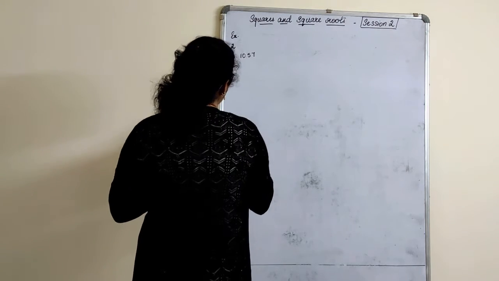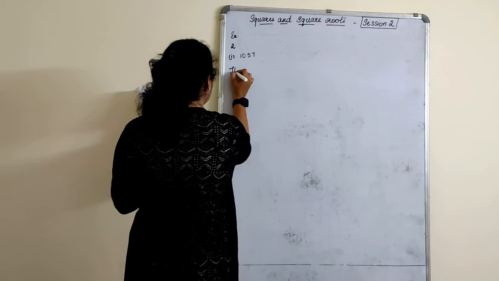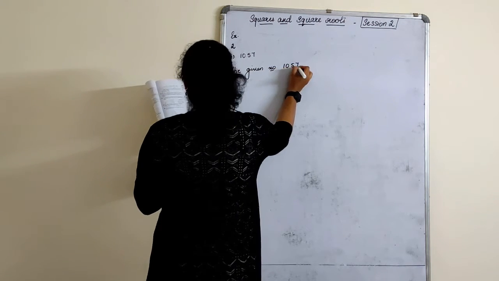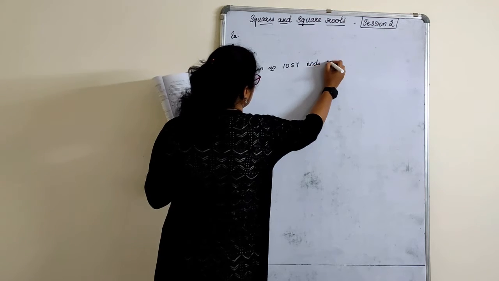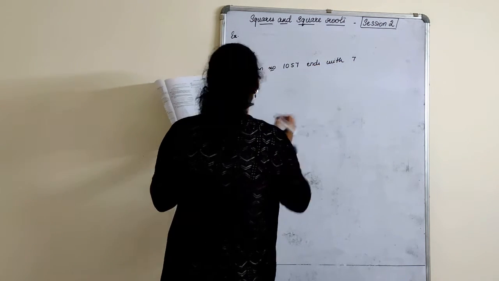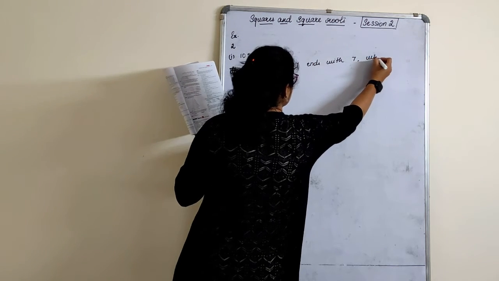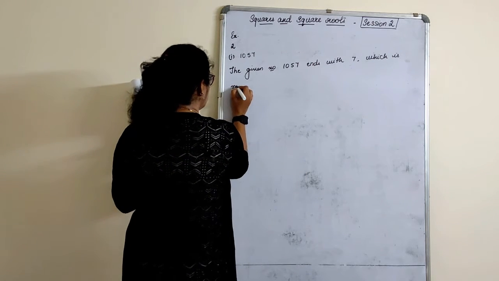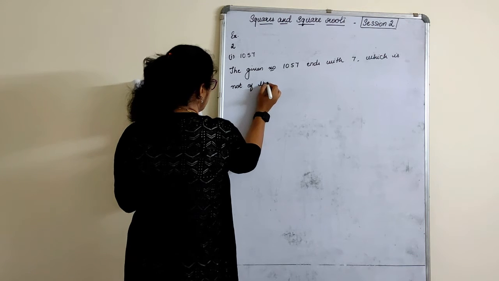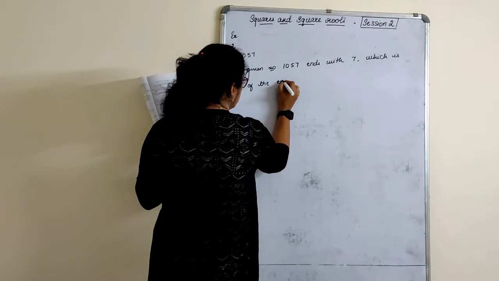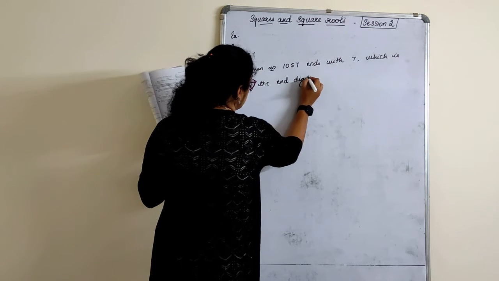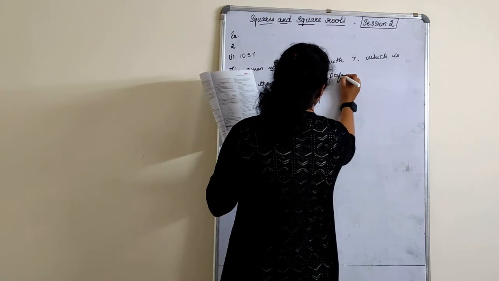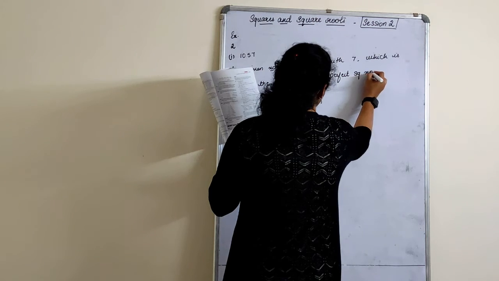The given number 1057 ends with 7, which is not one of the end digits of perfect square numbers.